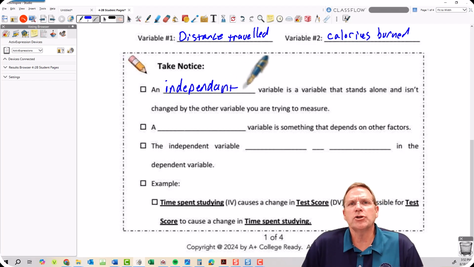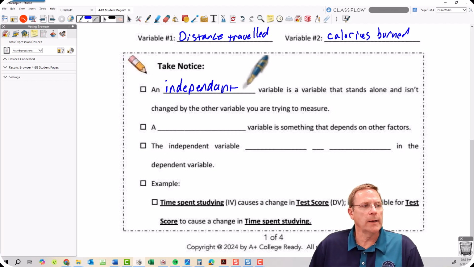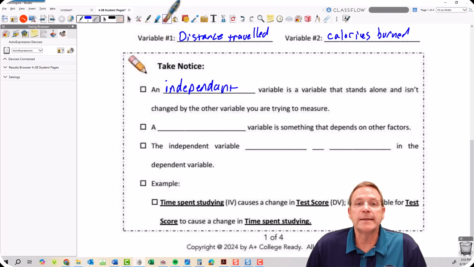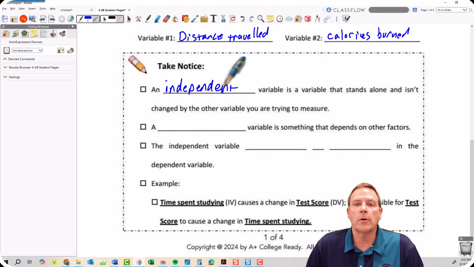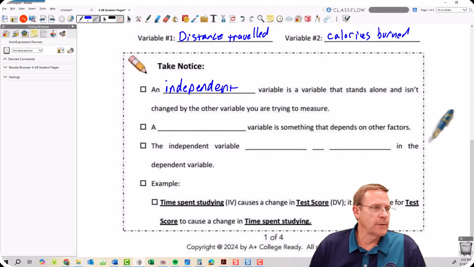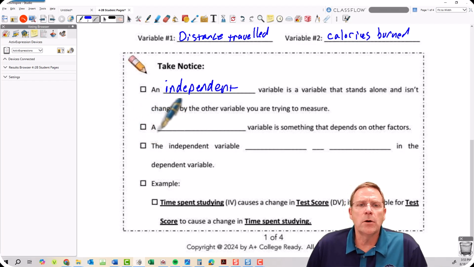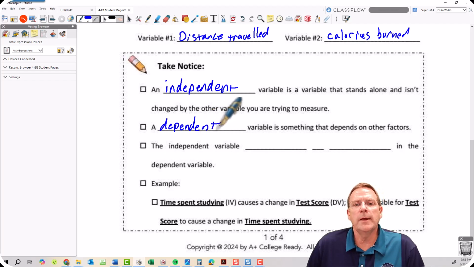It does not change by the other variable you're trying to measure. It is what I like to refer to as the goes in set. Okay, I misspelled that one again, so there you go. Independent variable, it's going to be your goes in set. The other variable is the goes out set. It's the variable that depends on what is put in for the independent variable.